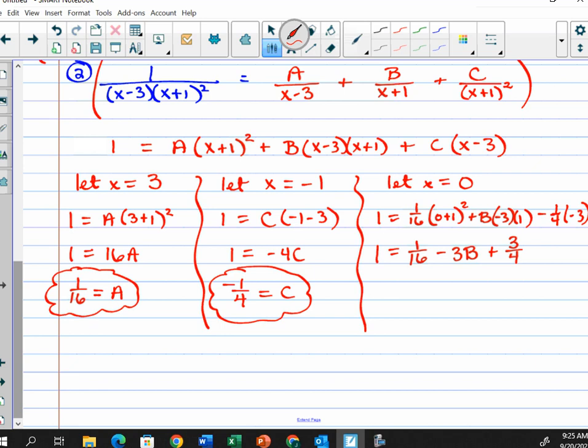Whatever you want to do. I'm going to subtract my 3/4, I think. So I'm going to have 1/4 equals 1/16 minus 3b. Then you have to subtract 1/16 from 1/4. 3/16. Excellent. Equals negative 3b. So guys, what does b end up equaling?